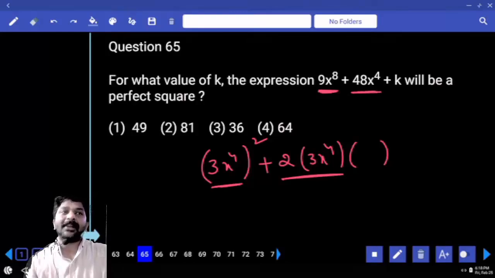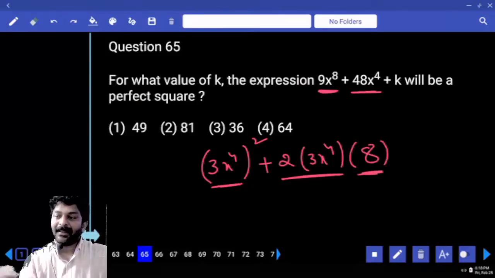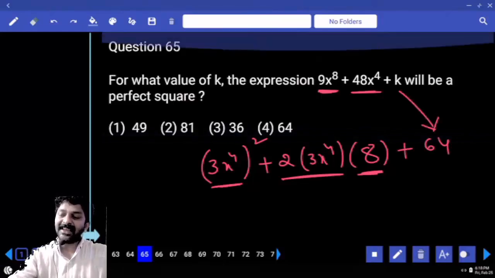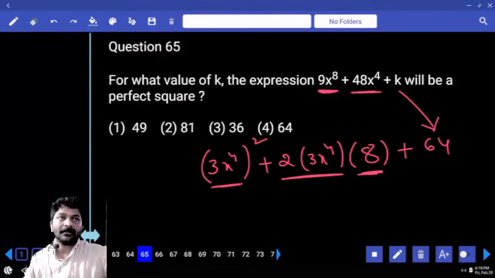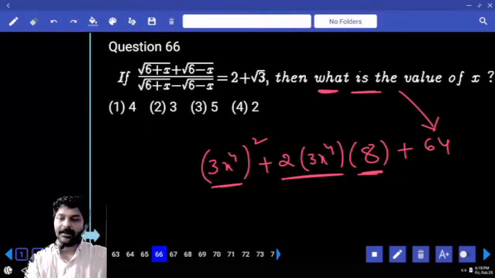That should meet 48x power 4. That means with what number do we have to multiply it? 8. That means 2ab, b value is 8, right? Next b square must be there. That means 64 only. That itself is the k value, right? Next.